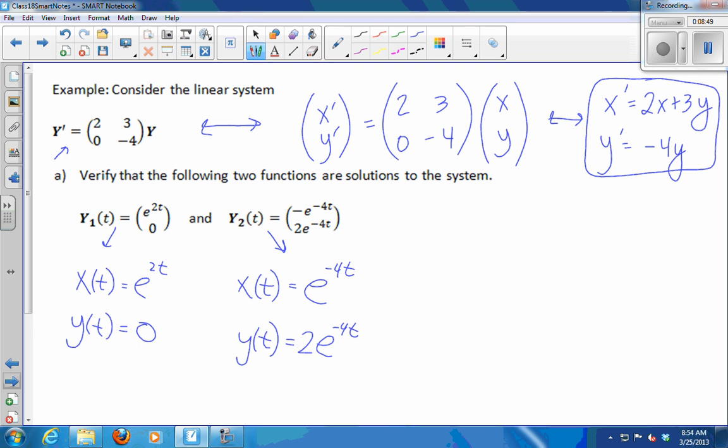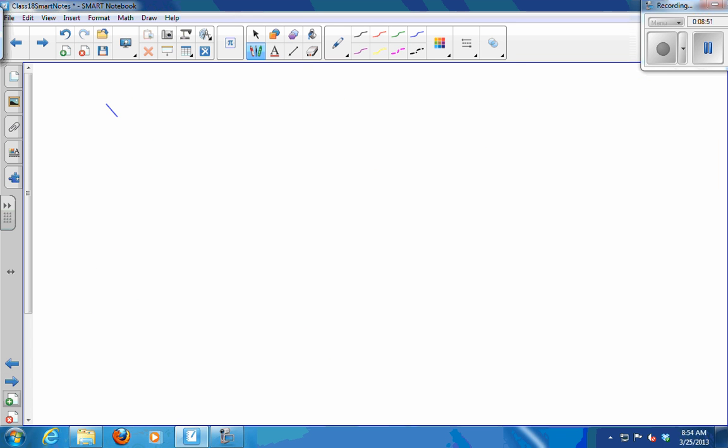So I have y prime. When I write on the board, I'll use the little arrow to indicate a vector, because making it bold is a pain. 2, 3, 0, negative 4.